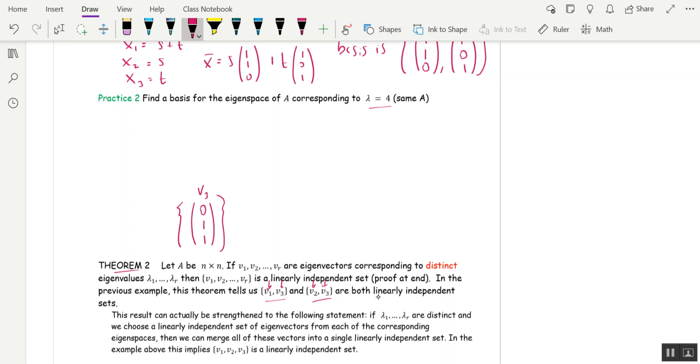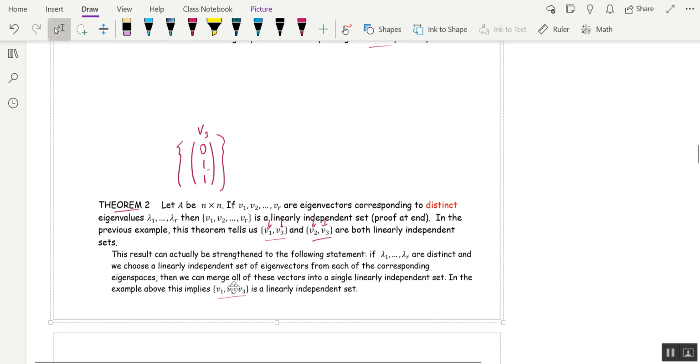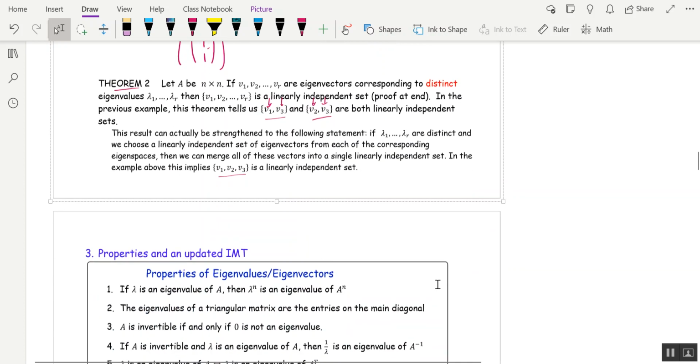So if I take V1, V2, and V3 and toss them together into a single set, it's linearly independent. So I have 3 linearly independent vectors in R3, so they have to span. V1, V2, V3 is actually a basis for R3. We'll look more at that later.